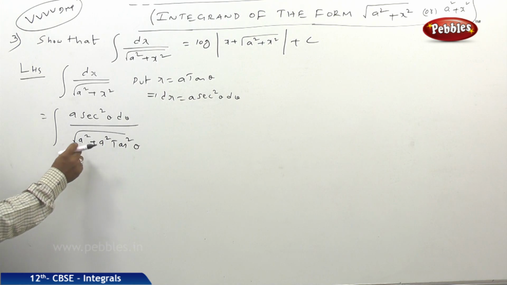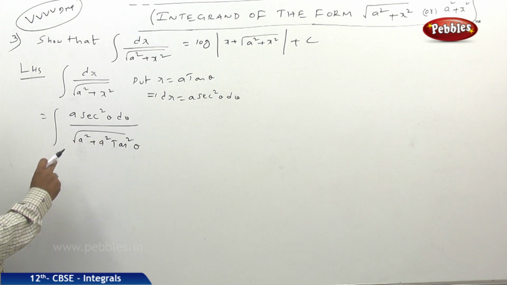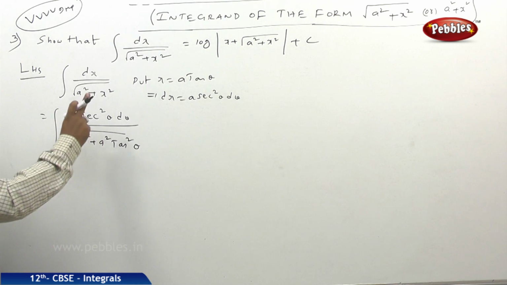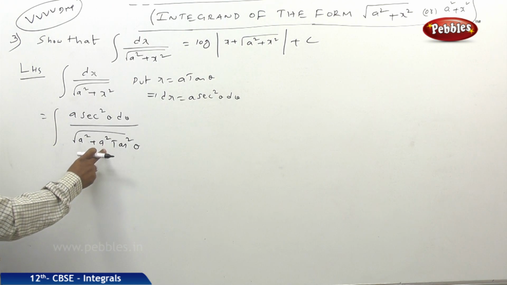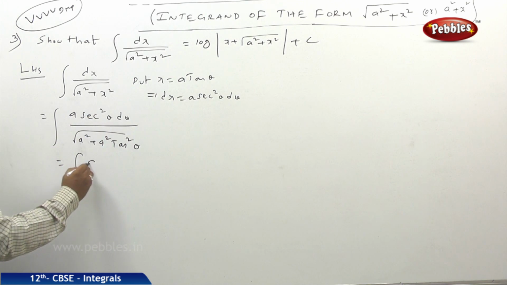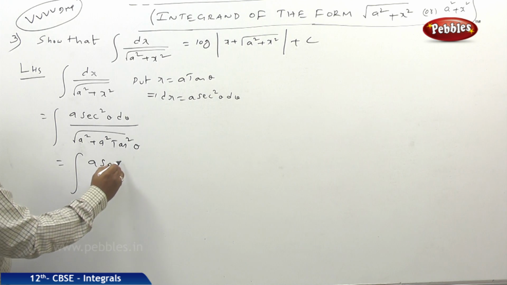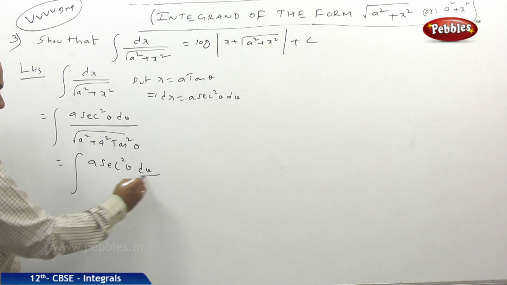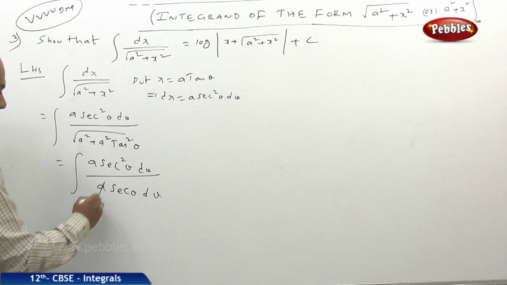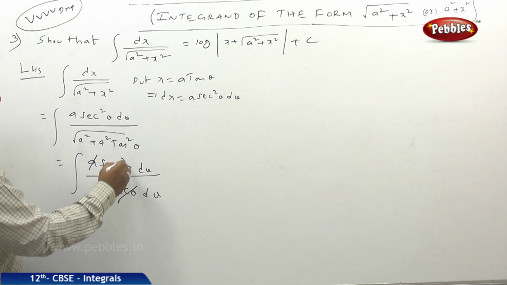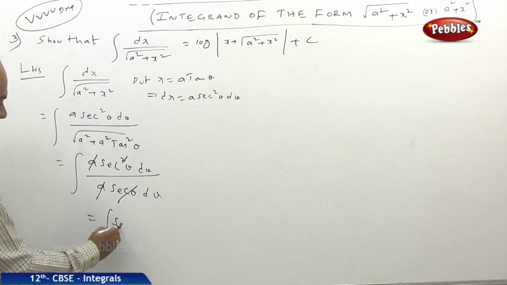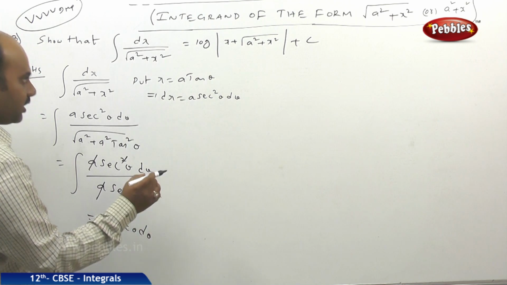If you observe carefully, a square comes outside, 1 plus tan square theta means secant square theta, but the root is there, so secant theta, and here secant square theta will be there. So this turns into a secant square theta d theta divided by a secant theta. The a will be cancelled, one secant theta will be cancelled. So finally there remains the integral of secant theta d theta.